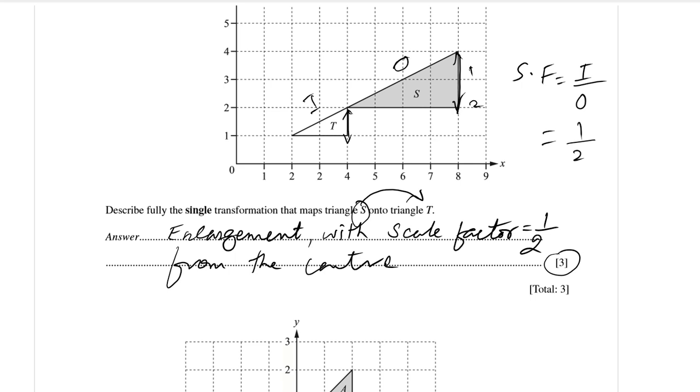You can use some extended lines, like this is already a line that is joining both triangles' sides. I think it's going to be the origin. Now you may take the other two corners, join them and extend the line where both extended lines will meet. You can say that will be your center. So it definitely is the origin. From the center 0 comma 0, or you may also write origin.